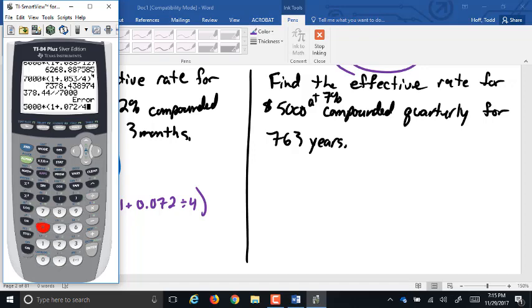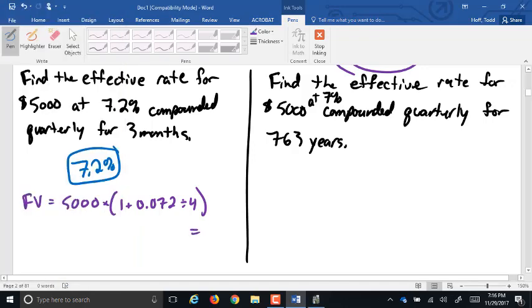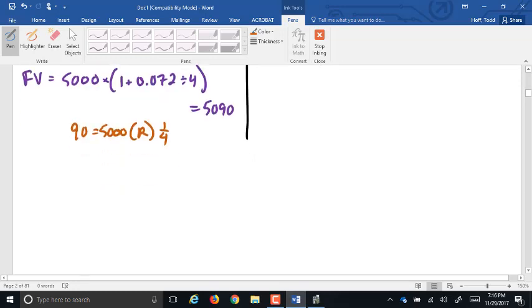Which gives us 5,090, right? So $90 is our interest. So it's 90 equals 5,000 times R times 1/4, right? Or 3/12, however you want to put it.